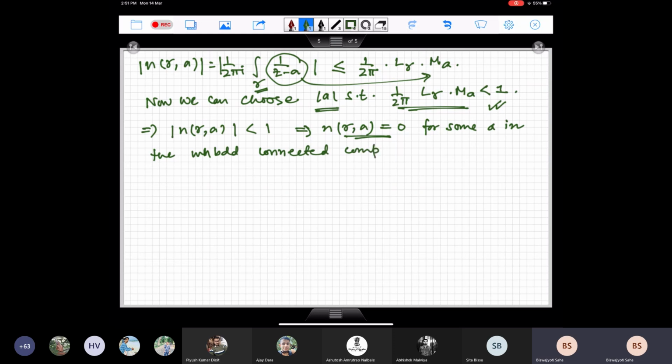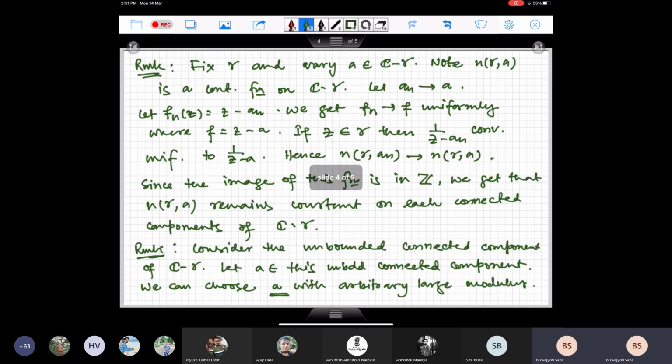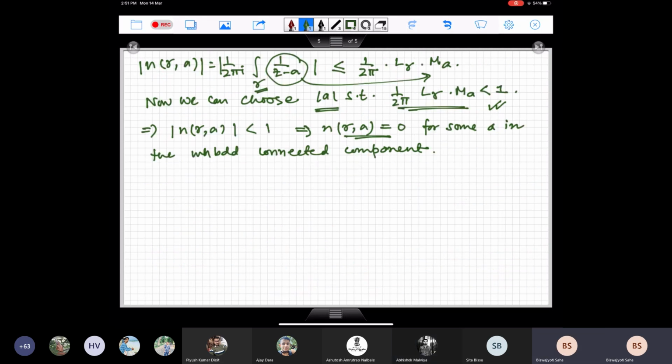How can I say that in the whole of the unbounded component n gamma A is 0? Remember what we showed just now: this function remains constant on each connected component. The moment I get one point where the winding number is 0, at all other points of the unbounded connected component the winding number is going to be equal to 0.